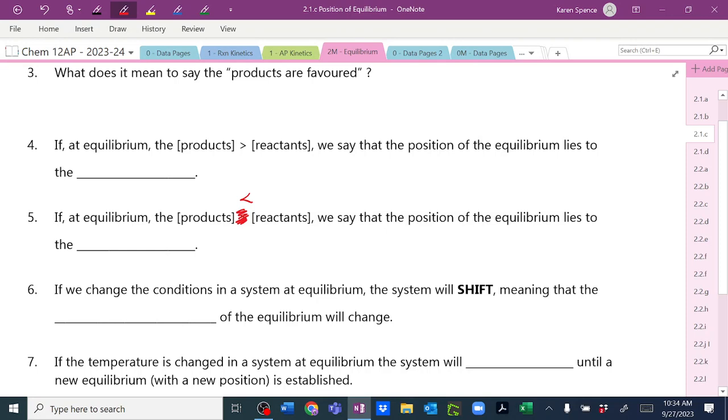Are we good with everything else, or do we have any other questions? Yes, on that same page.